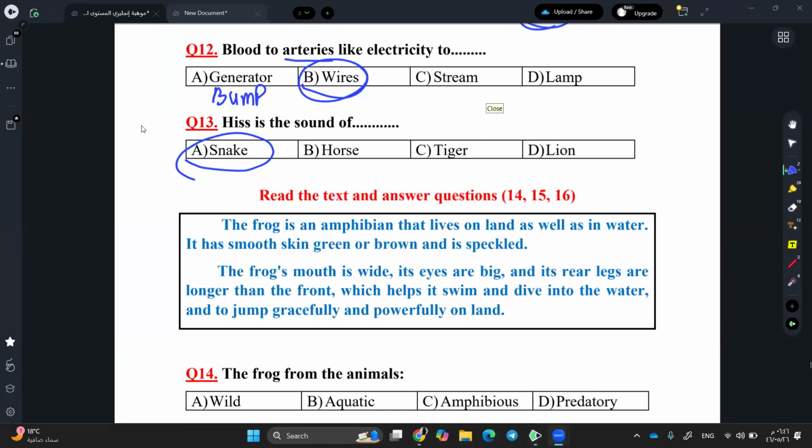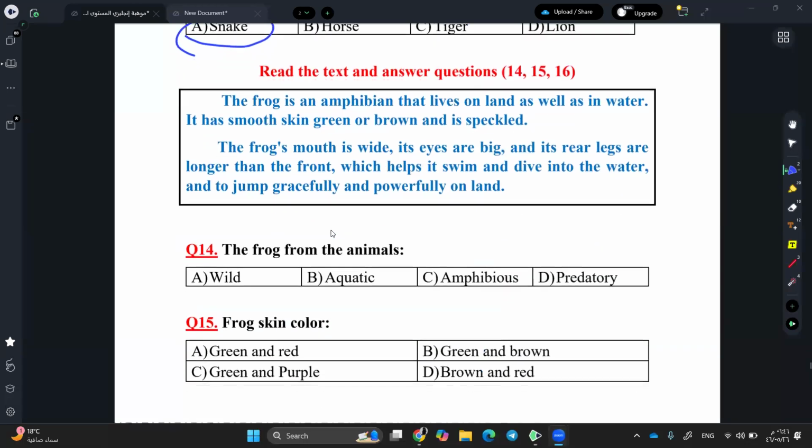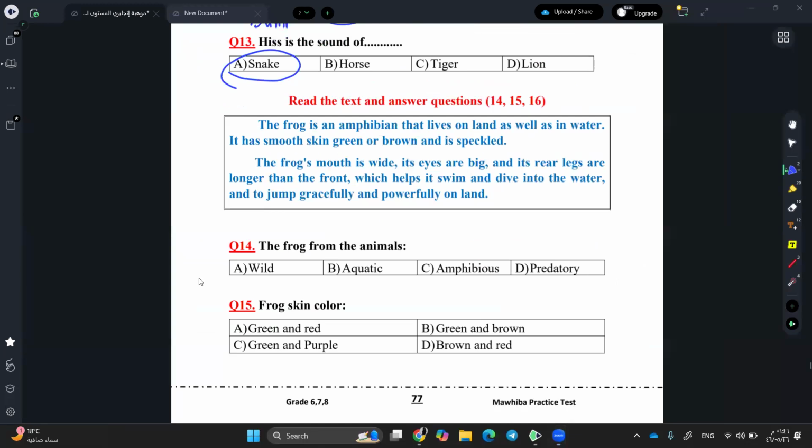Yes, Amina, question 14 and 15. Okay, yalla Amina. Read the text and question 14, 15. Okay, teacher. The frog is an amphibian that lives on land and as well as in the water.